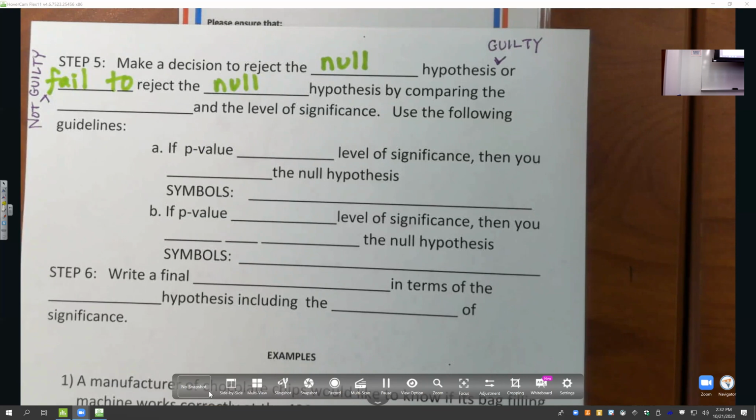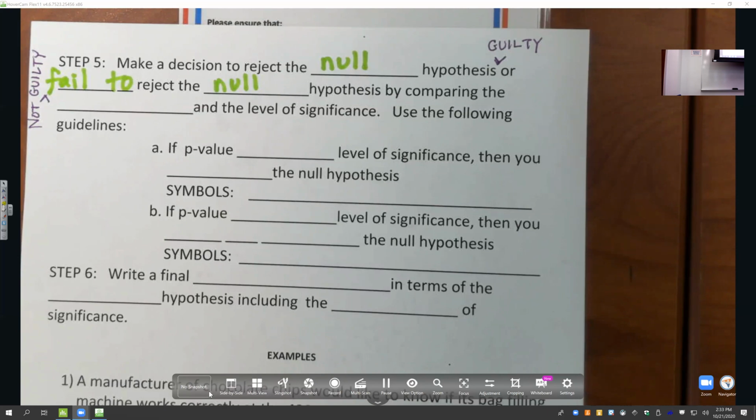Guys, never, ever use the words accept the null hypothesis. That will crawl Miss Ralston's skin faster than anything. That is statistically incorrect. You either reject the null or you fail to reject the null. Also notice that it's in terms of the null.